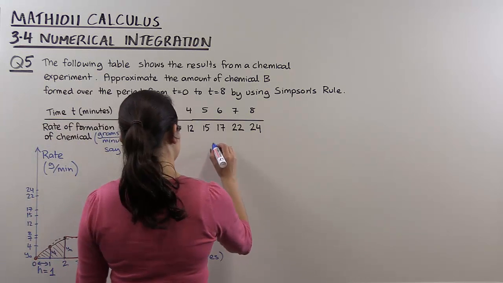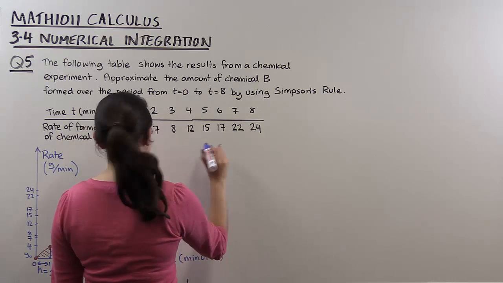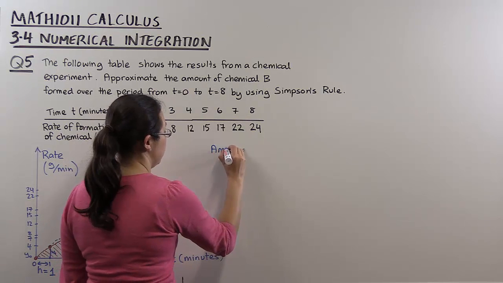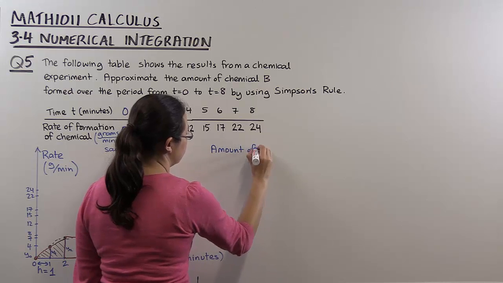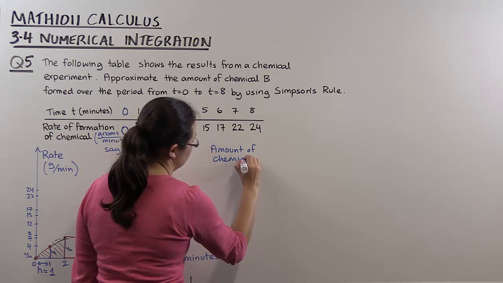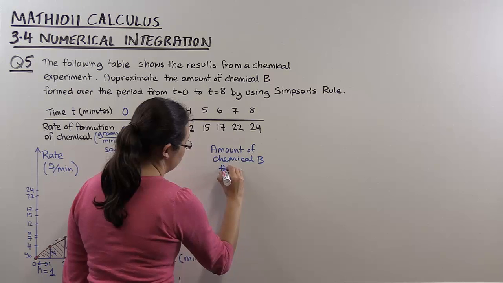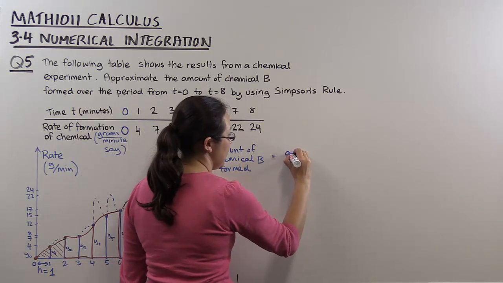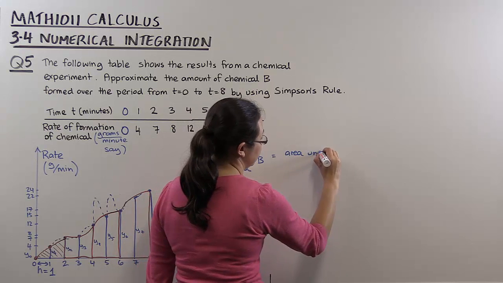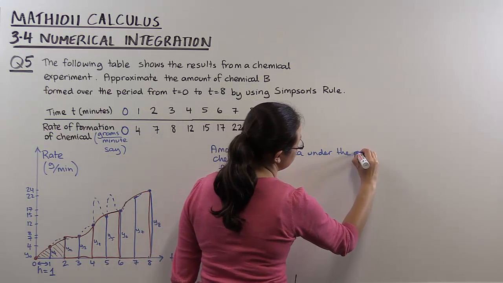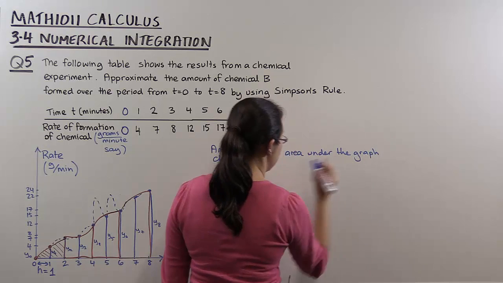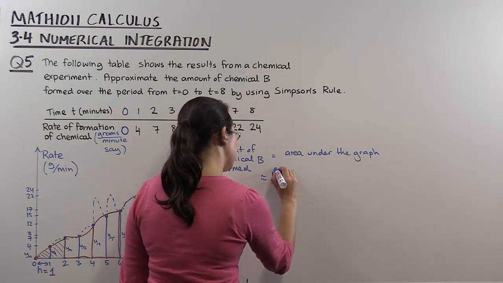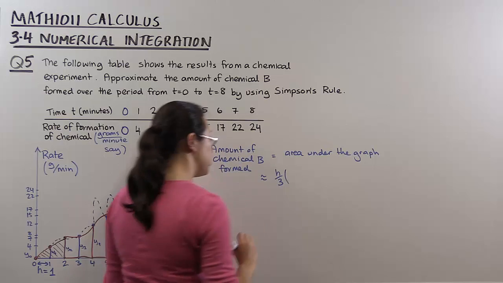So Simpson's Rule, actually let's just write down the amount of chemical B formed, that is the area under the graph that we just drew, and according to Simpson's Rule, that's approximately h on 3.